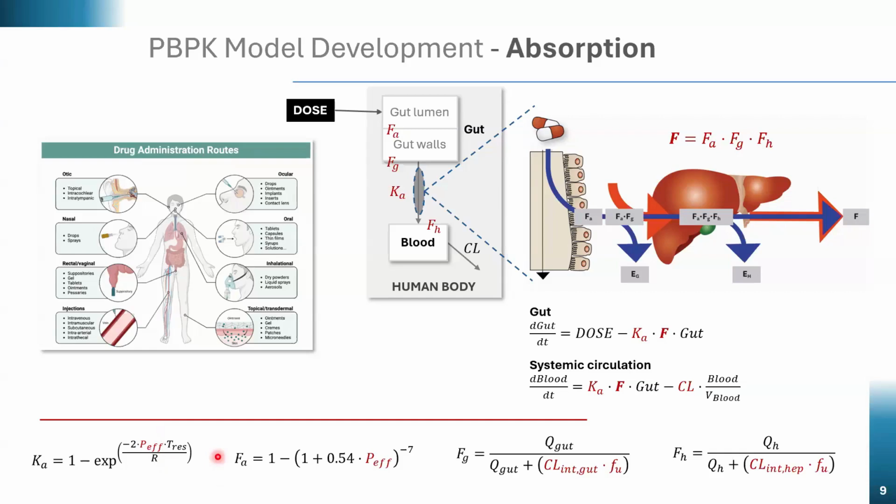So you just need to keep digging, and you will find equations that can answer each of those parameters that you cannot find or define. The same goes for fraction absorbed, fraction escaping gut metabolism, or fraction escaping first pass metabolism.